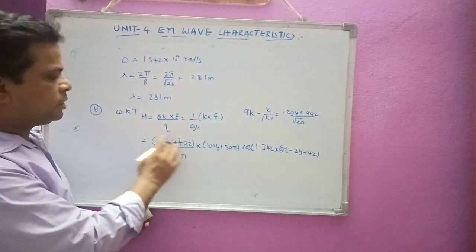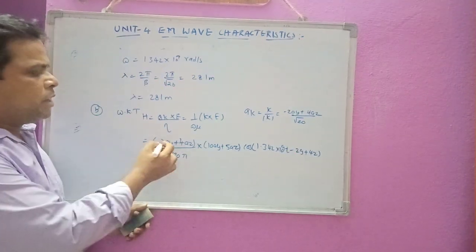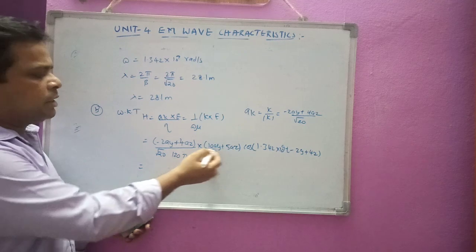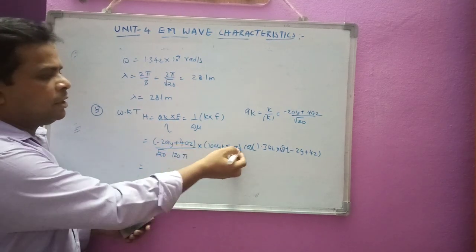Now we have to solve this entire equation, so we have to take the cross product here: AY cross AY, AY cross AZ, AZ cross AY, AZ cross AZ.